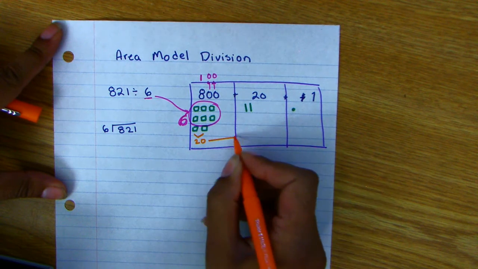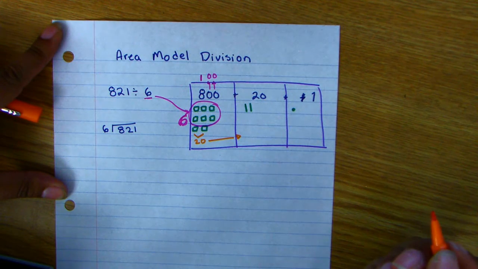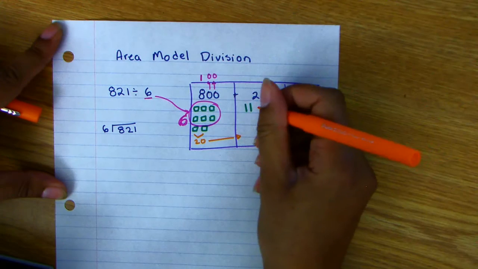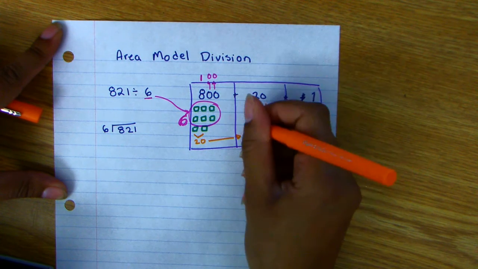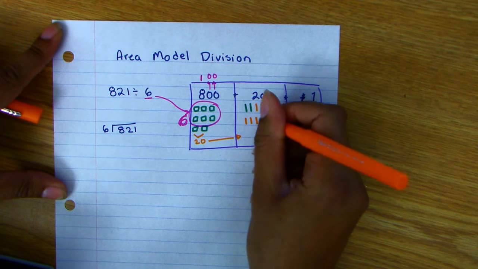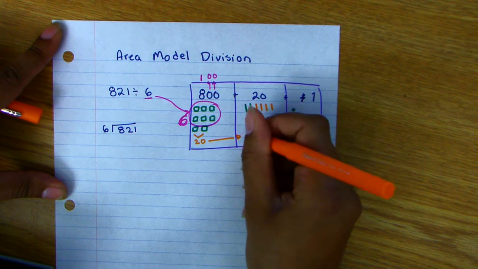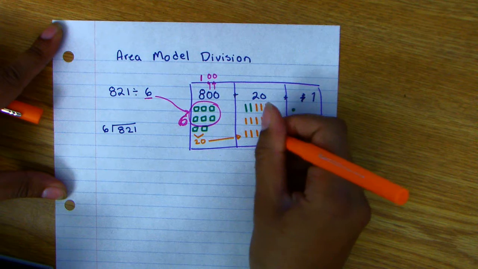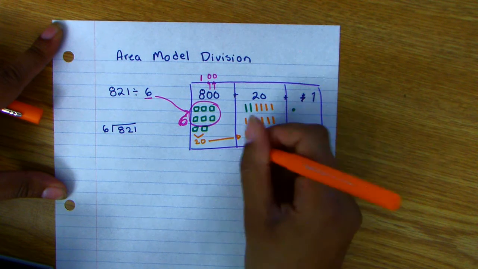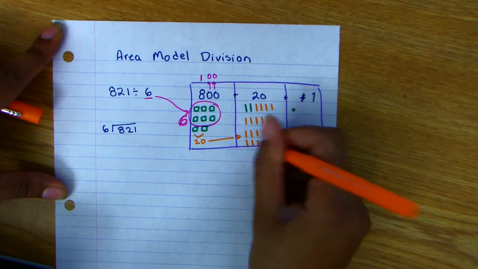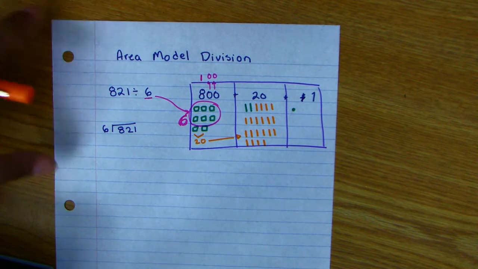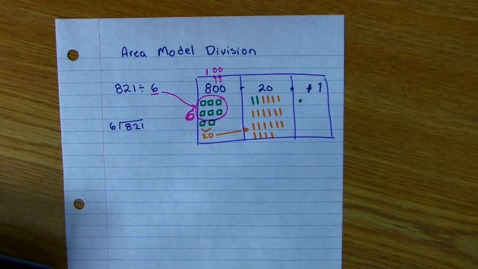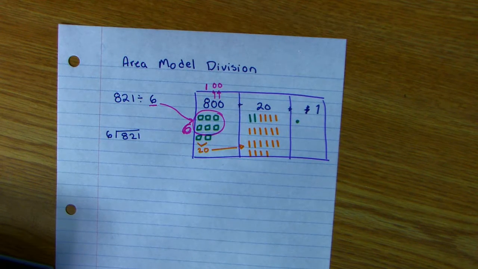Here I have 200 left over. I wrote 20 because I know that I need 20 10s to make 200. So here I'm drawing my 20 10s to make 200. Now that I've drawn those, I'm still working with my groups of 6.